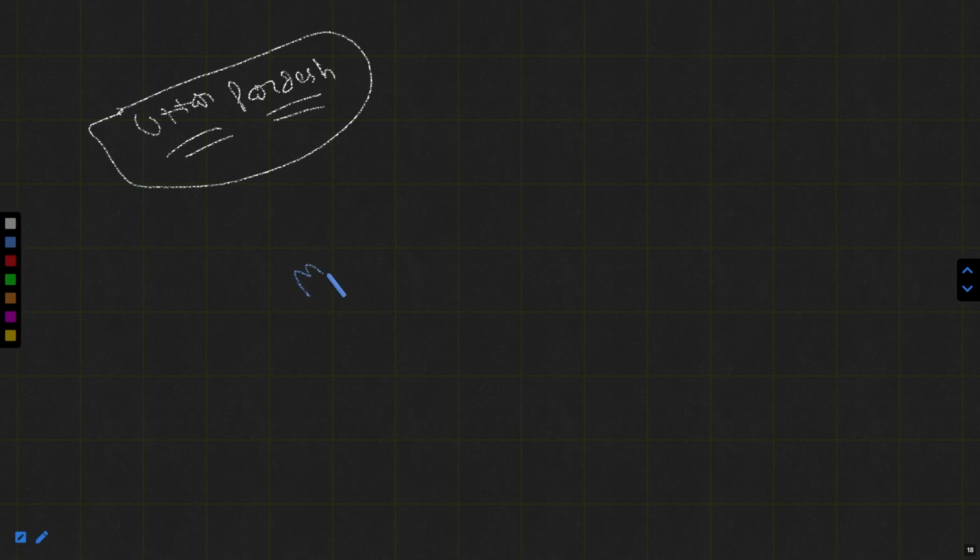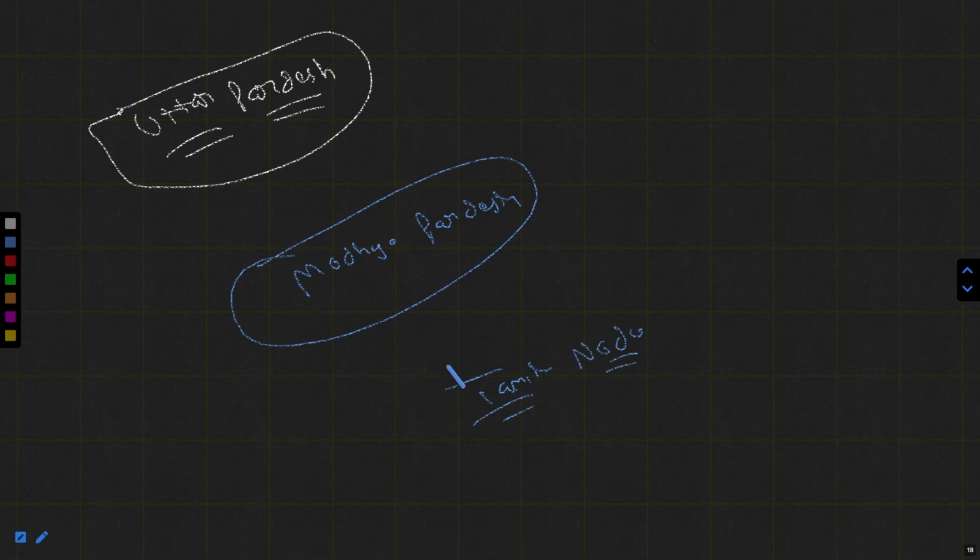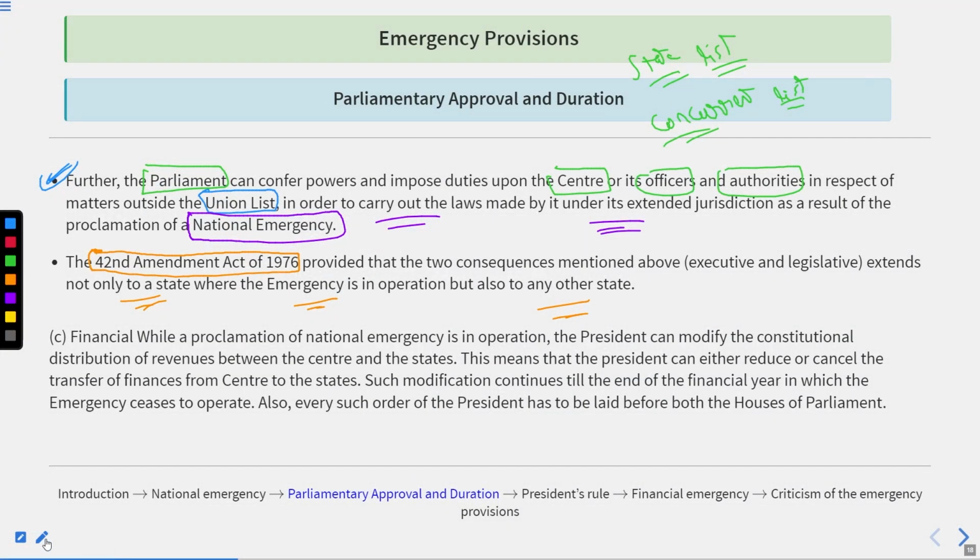They could even reach Madhya Pradesh, Tamil Nadu, and any other state as well. So remember this thing. Whenever the emergency is in force, it doesn't mean that only the area in which it is in force will be considered under the control of the government. The central government could also exercise the powers over any other state for the same.